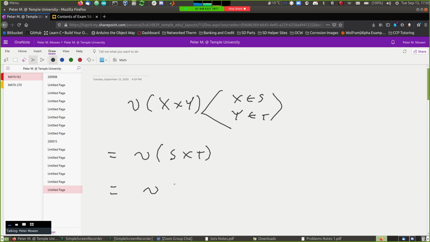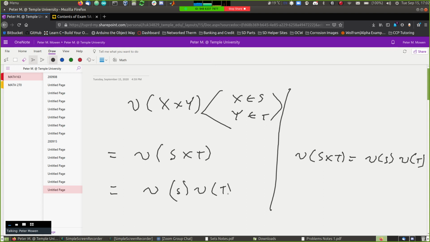We had a vertical bar over here, and we had that nu of s cross t was equal to nu of s nu of t. So this is nu of s nu of t, and we were allowed to do ditto marks for the substitution brackets, so we didn't have to write this every time. And so this would be equal to x nu of x nu of y.